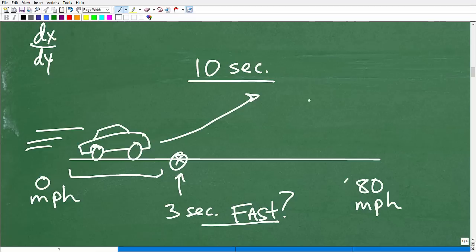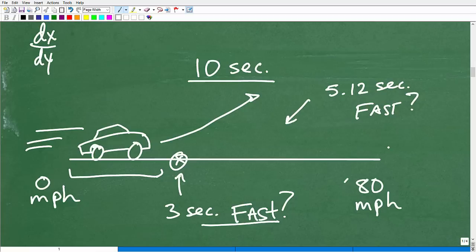So I might ask you, well, what about 5.12 seconds into this car's acceleration, how fast was it going? How fast was it going in that precise moment in time? Well, this is an accelerating car, not a car that's going at a constant speed.